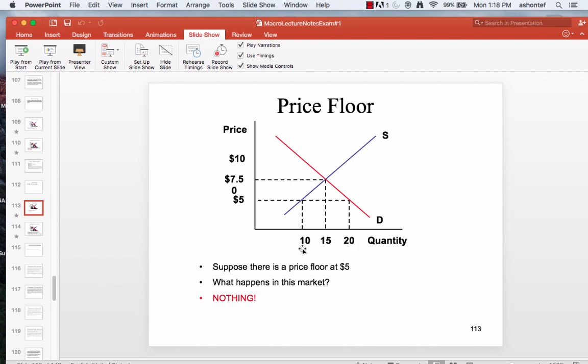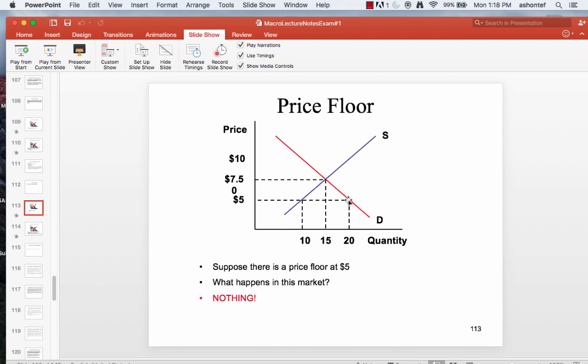But because this is a price floor, the price is allowed to go up, because price floors are minimum price levels, so it can always be above. That is exactly what will happen. At $5, people are willing and able to buy more than what firms are willing and able to put out, and so the market will fix itself. It will raise the price, and it's allowed to because a price floor lets the price go up.